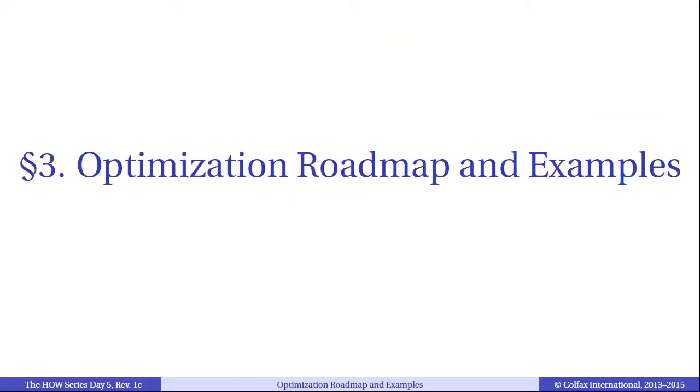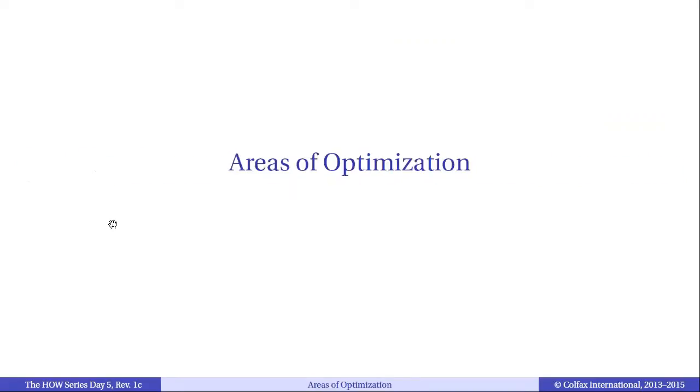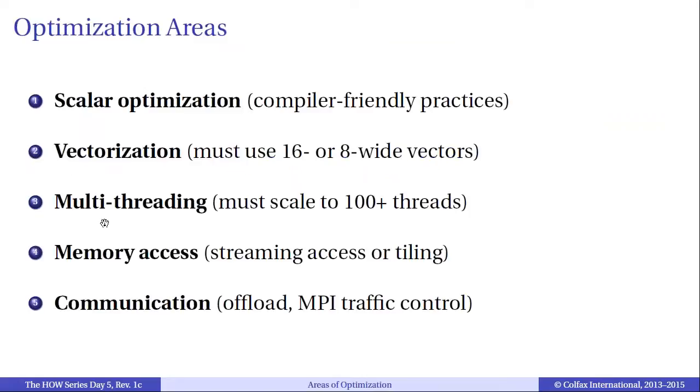I'm beginning to talk about optimization, and let me present to you a slide that will follow us throughout the rest of the workshop. We call it optimization areas. When you have an application which you want to make closer to hardware so that you get the best performance out of the parallel algorithm that you have, there are 5 areas to focus on: scalar optimization, vectorization, multi-threading, memory access, and communication.